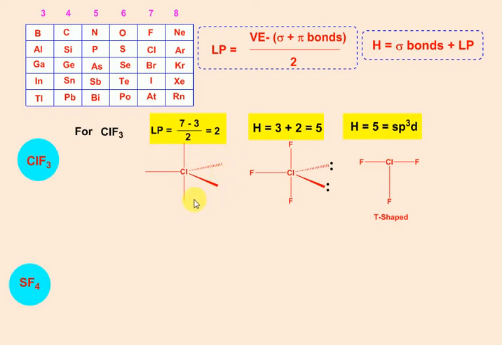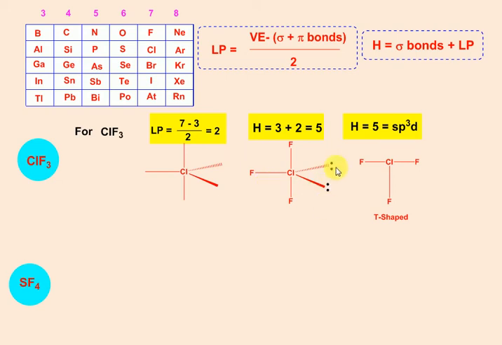Now friends, one thing is important here. This ClF3 molecule is having 2 lone pairs on the chlorine atom, and as it is trigonal bipyramidal, the two lone pairs will take equatorial positions, and this concept was discussed by me in the earlier part of this video. So two lone pairs will take equatorial positions and three fluorine atoms are like this: two fluorine axial, one fluorine equatorial.